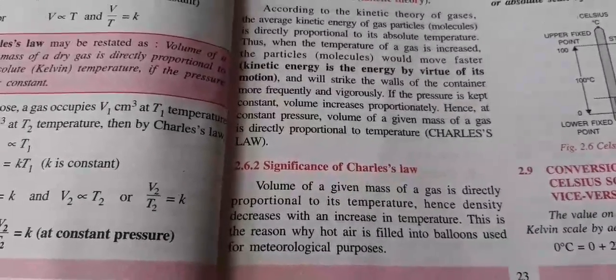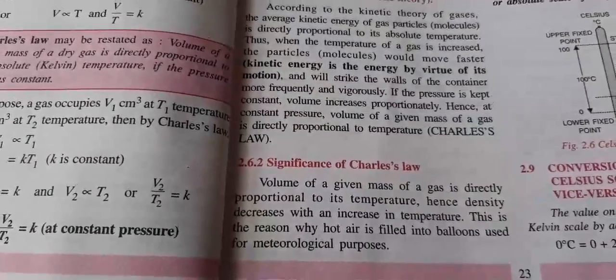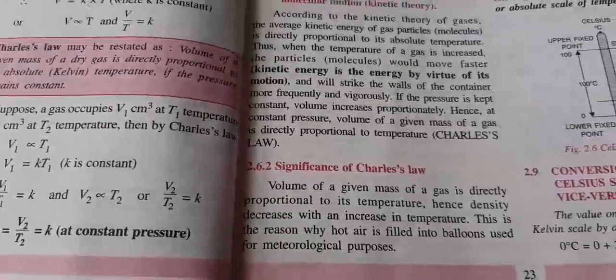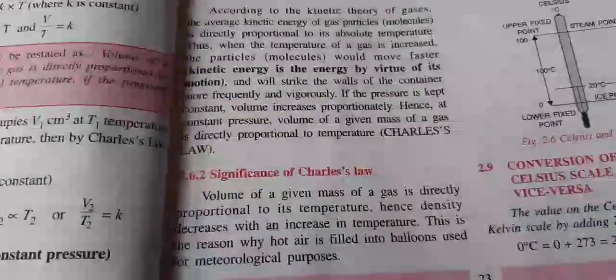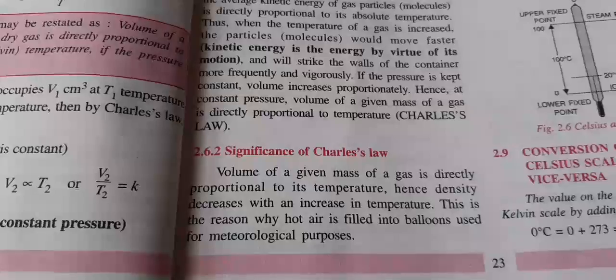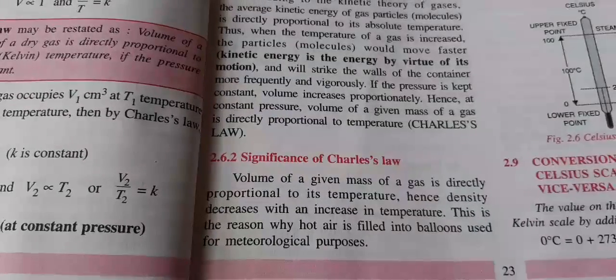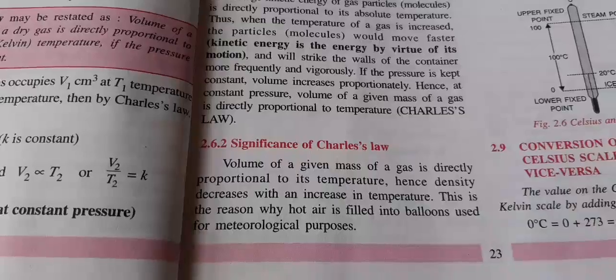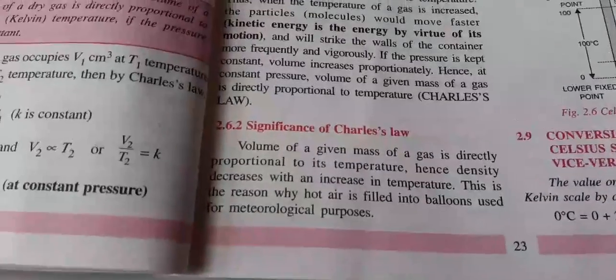If I decrease the temperature, the molecules will come nearer to each other as the volume is decreasing. So there will be an increase in the density. So density increase or decrease depends upon the temperature increase and decrease. This is the reason why hot air is filled in balloons used for meteorological purposes.